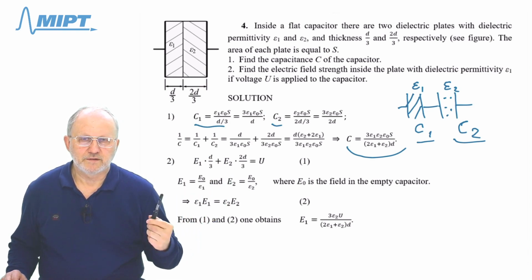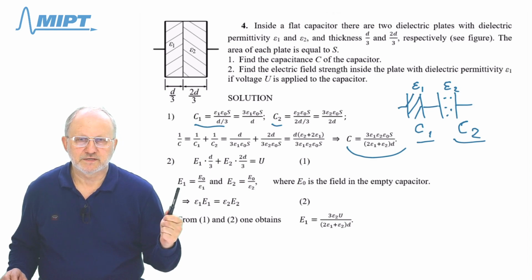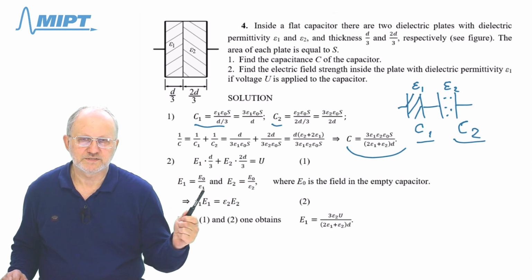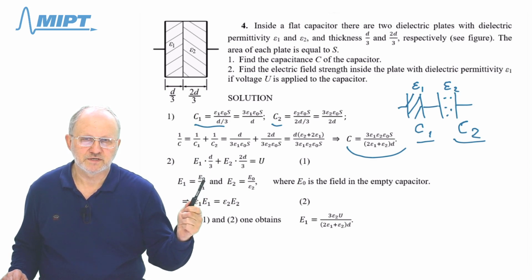And then we use the connection between the electric field strength in the capacitor filled with some dielectric medium with permittivity epsilon 1 and the electric field strength in vacuum. That E0 would be the electric field strength in case there are no dielectric medium inside the capacitor.